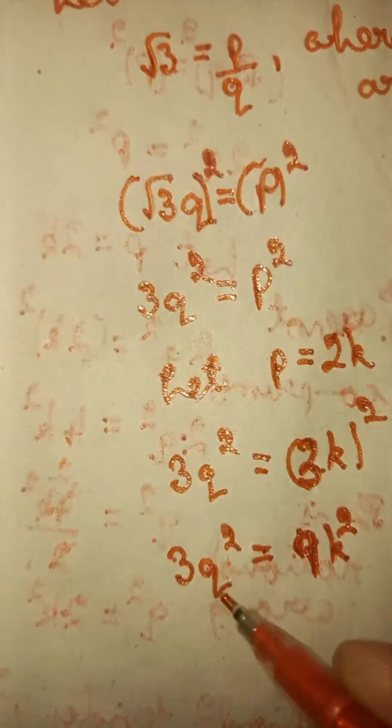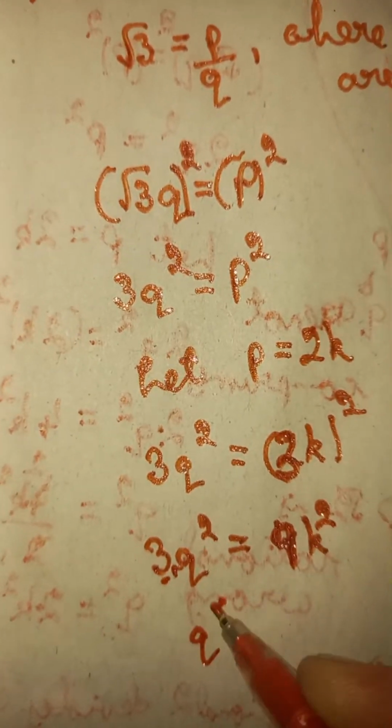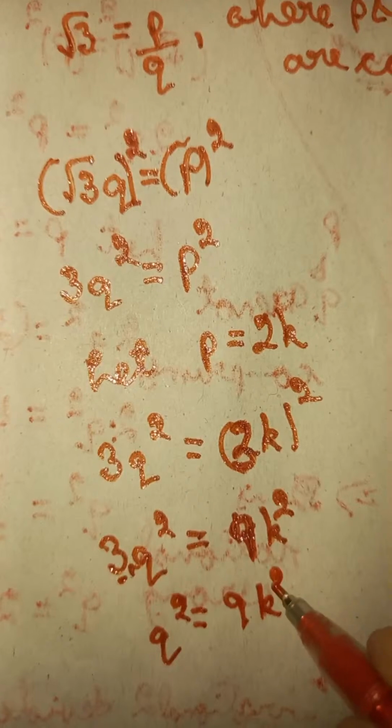Now you can send this 3 to the other side, that is Q squared equal to 4K squared by 3.